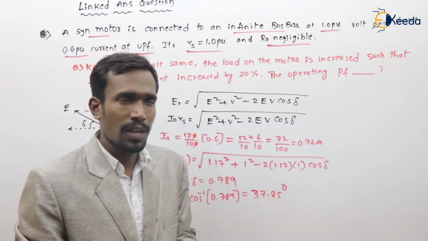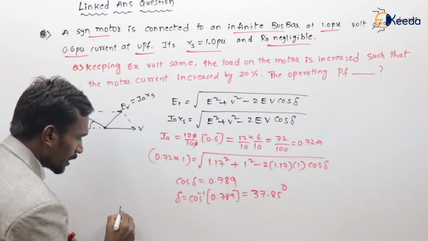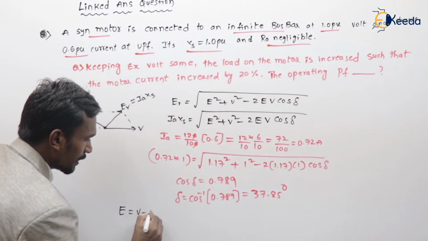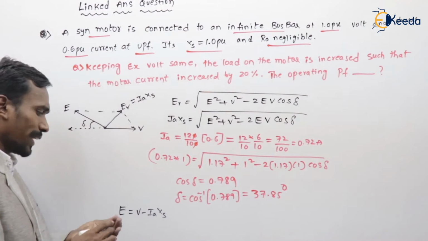For that, generally E is equal to V minus IA into XS.